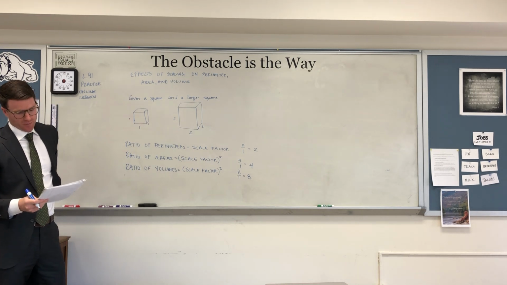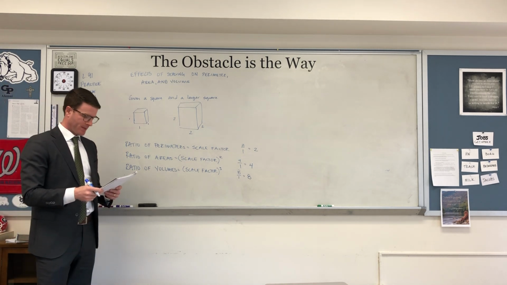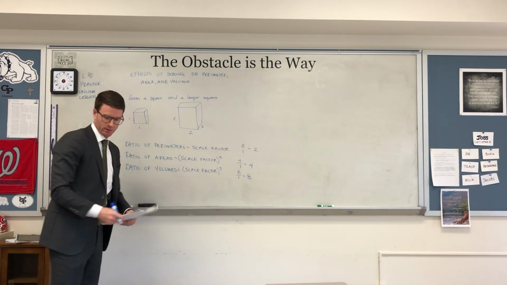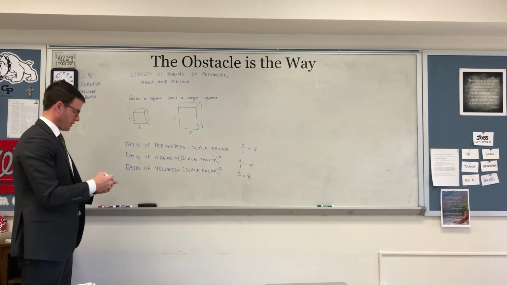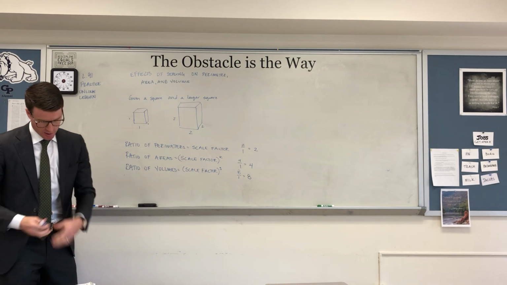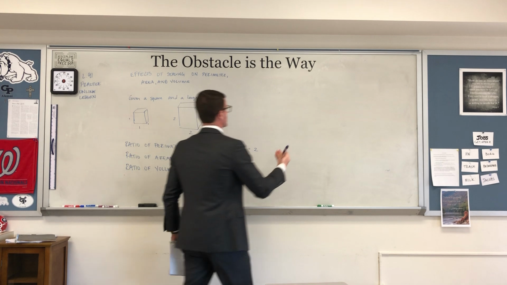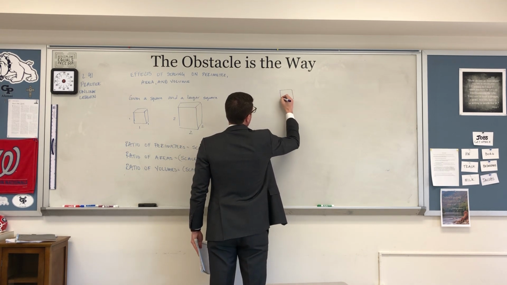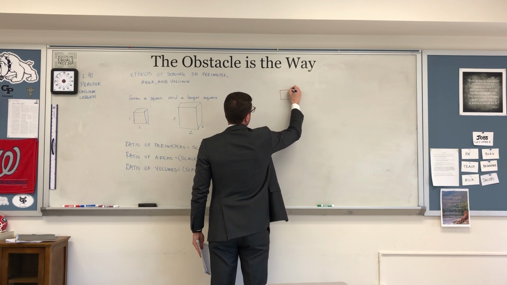So, some problems that you might see. If I take a picture, just like you would for a photo album, and let's say that the picture is a 1 by 1 square.